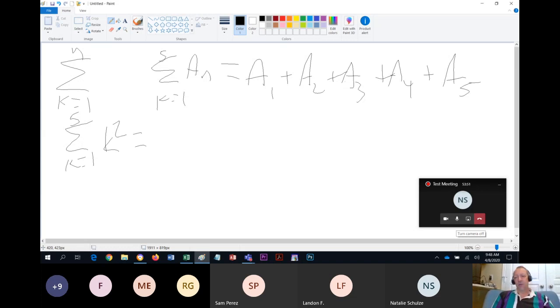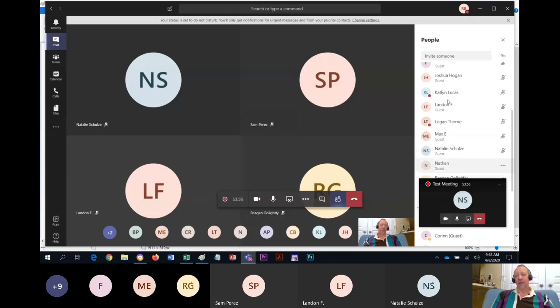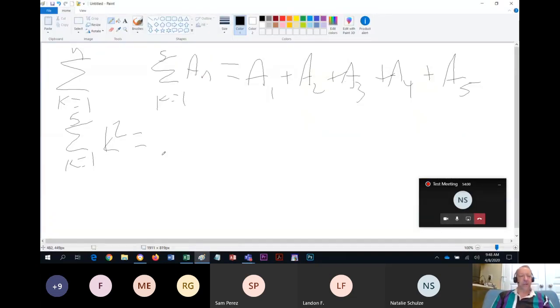So can you list out the first 5 terms? Who haven't I picked on today? Natalie, I think it's your turn. Can you list out the first 5 terms of the sequence k squared?